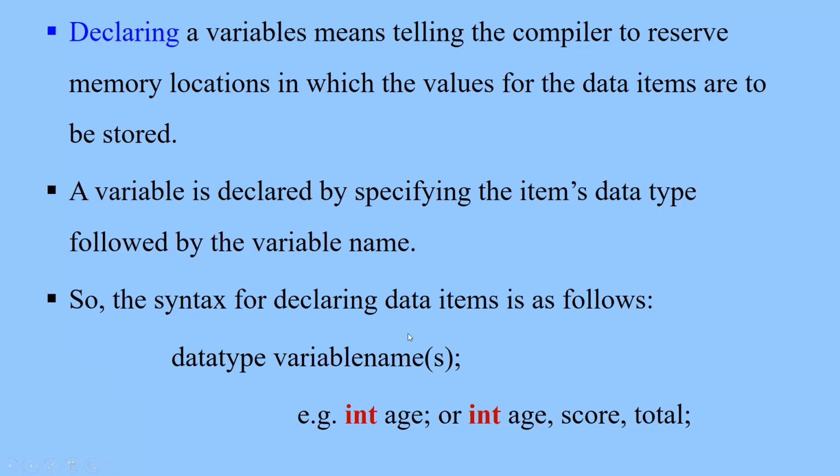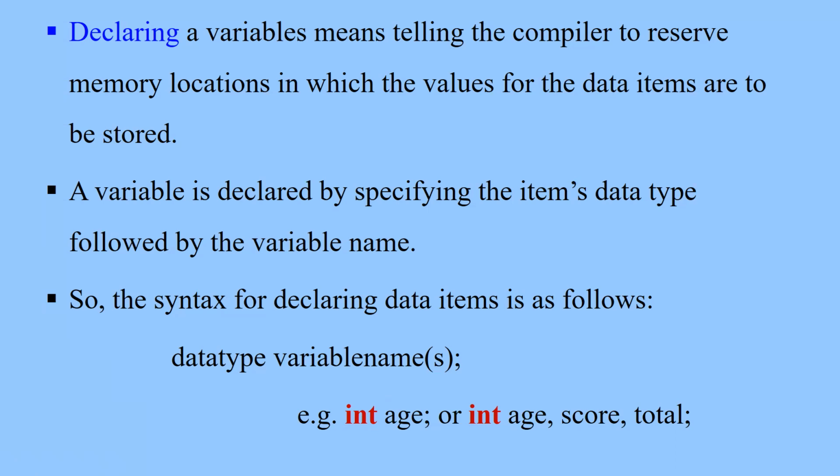For example, in this case, I have int age. That means the value to be stored in the memory location called age should be of type integer. And in my previous presentations, I said that integers are whole numbers, numbers without decimals or fractions. So we have int age, semicolon.